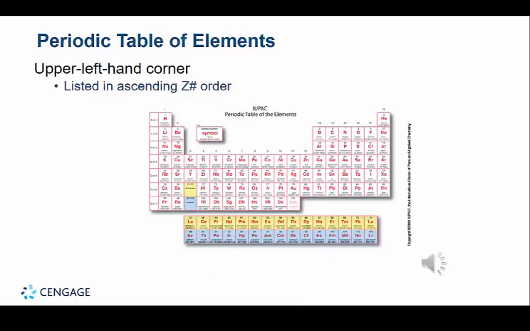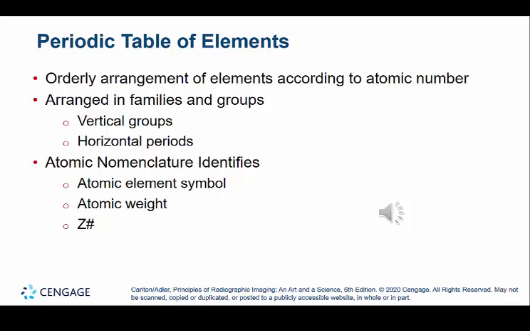Let's talk about the periodic table of elements. In the upper left-hand corner, you can see that the elements are listed in ascending Z-number order. Not only are elements arranged according to their atomic number, but they're also arranged in families and groups.